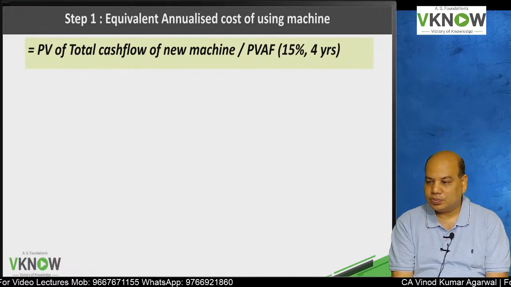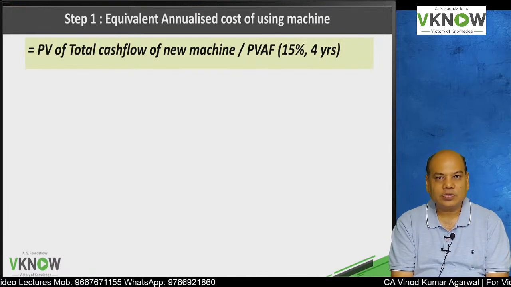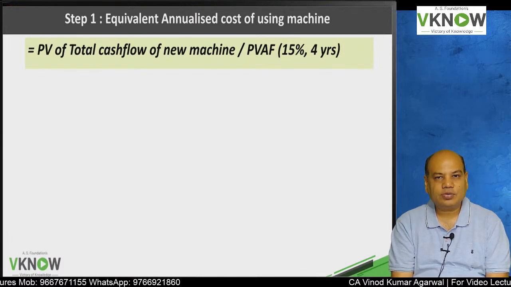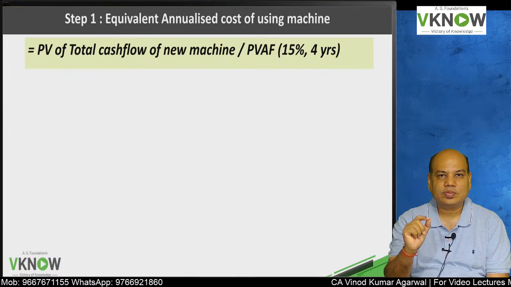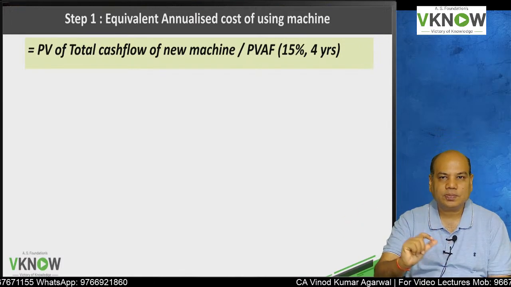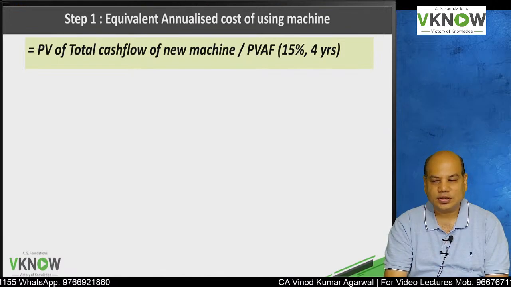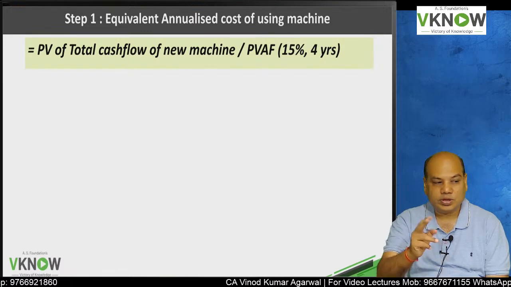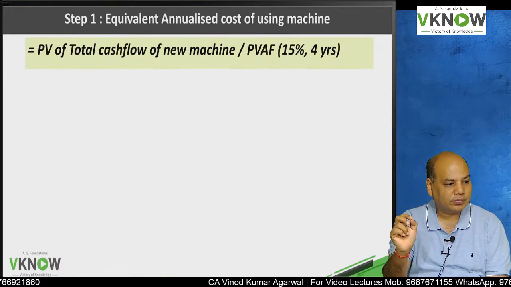So first we will compute equivalent annualized cost of using new machine. If I purchase a new machine, what is my annual usage cost? How much does it cost per annum if I purchase a new machine? Write down equivalent annualized cost of using new machine. Just add the word new there.